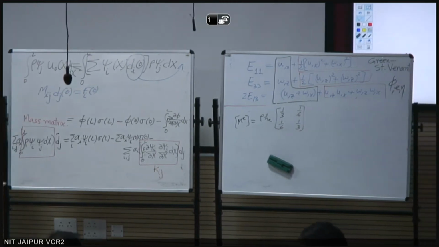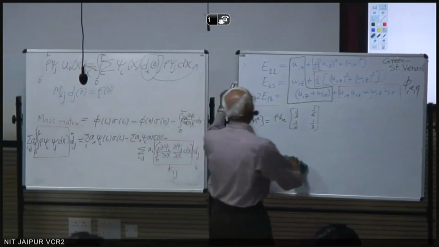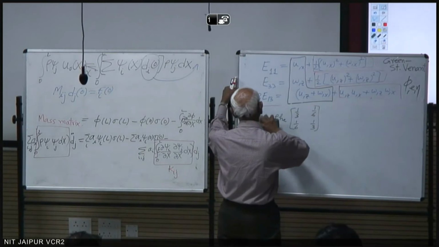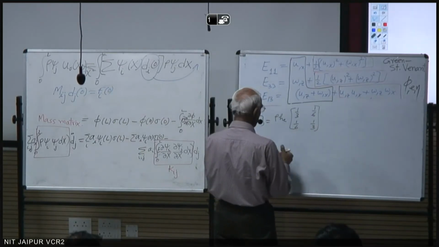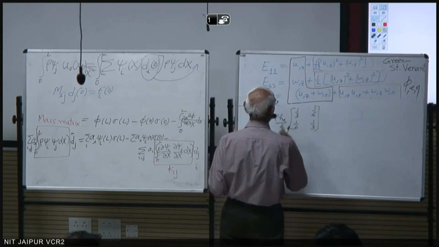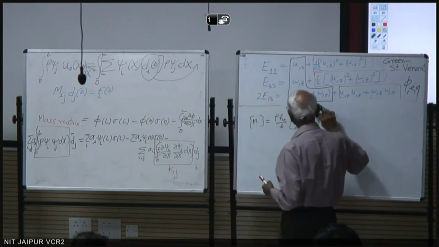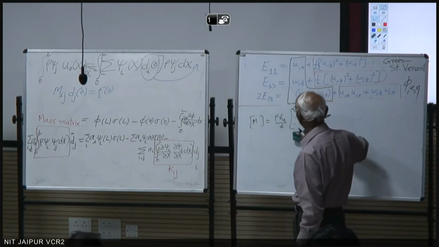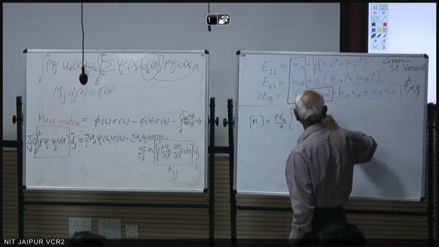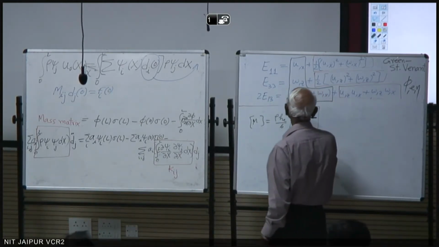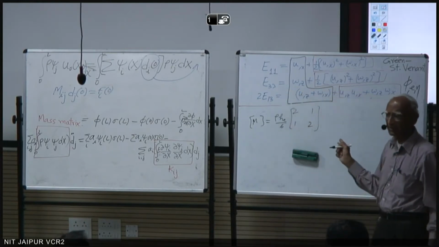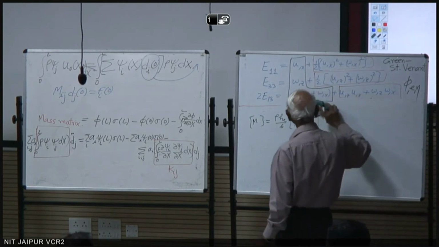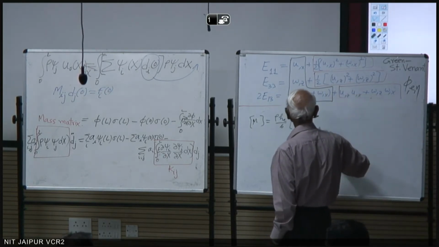So if you now find the total mass matrix, let me take out 6 here. So this will be 2, 1, 1, 2. Again, if you add them up, 6. Now I want to assemble it.